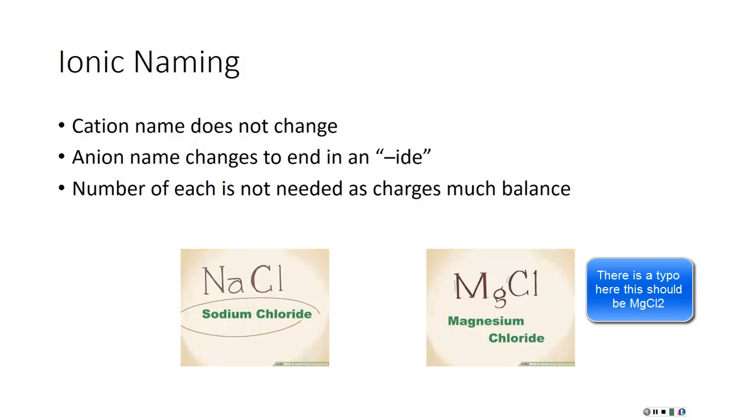And we find that aluminum oxide is actually Al2O3. So when you have ionic compounds, it doesn't tell you the number of each component that you have, so you have to look at it and make sure that your charges balance out. Does that kind of make sense? Want to give one a try?